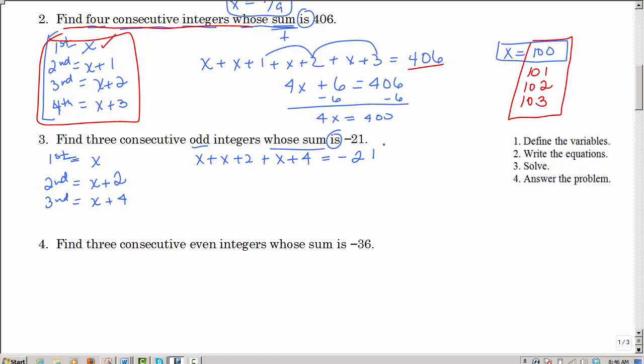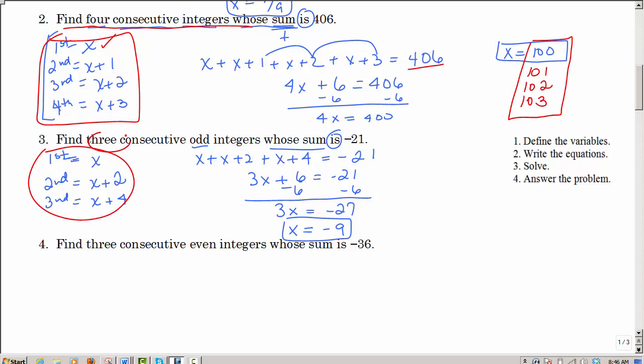So I'm probably going to be looking at some negative numbers. So collect like terms. So I have 3x plus 6 is negative 21. Subtract 6 on both sides. Divide by 3, and I'm going to get negative 9. Am I finished? No, I'm not.